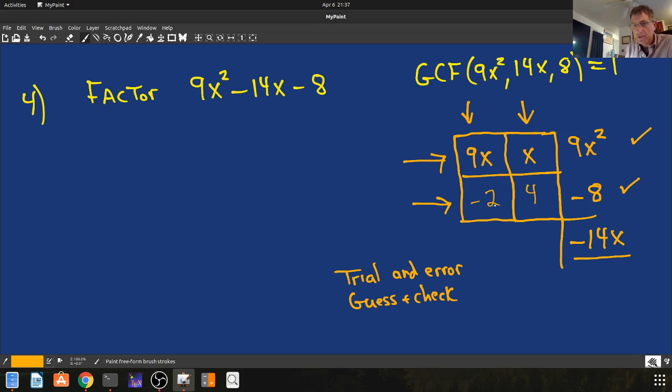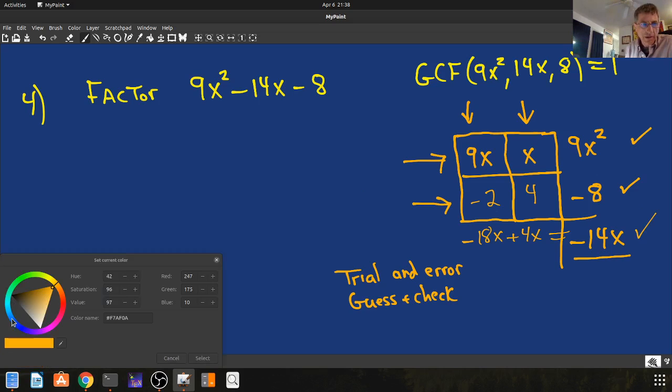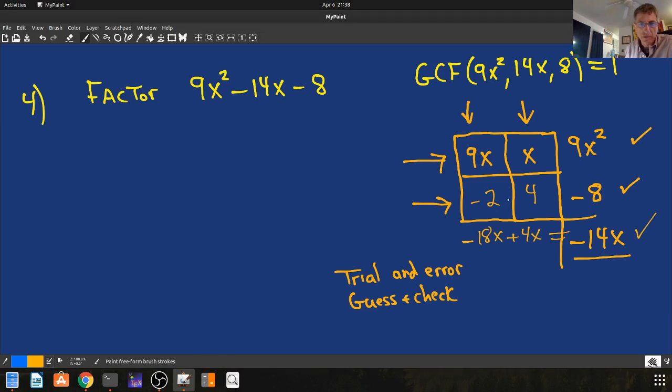Well, 9x times minus 2 is minus 18x. And x times 4 is 4x. And guess what? Minus 18x plus 4x is equal to minus 14x. So I found my factorization. So now all you have to do is remember how to take your factorization from this table. So we go this way and this way.